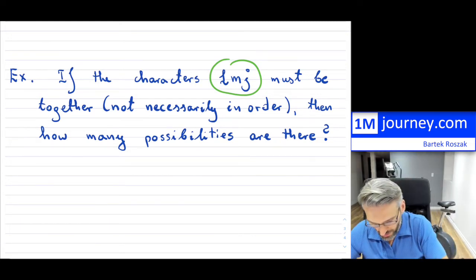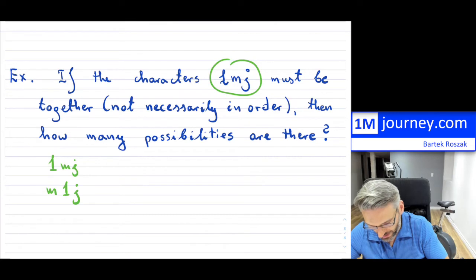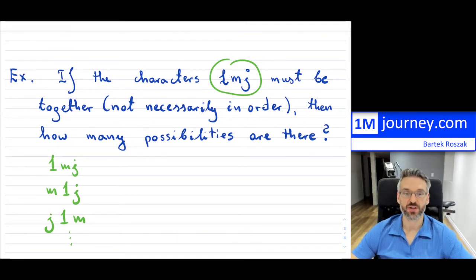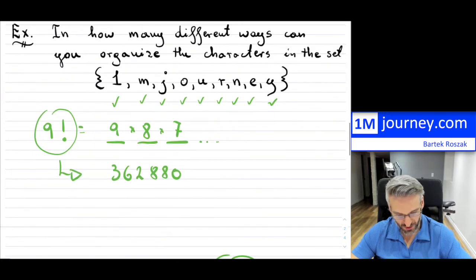So it could be 1MJ, or it could be M1J, so that they're all still together but grouped like this, and then maybe J1M, and so on. Now, what if we have that?